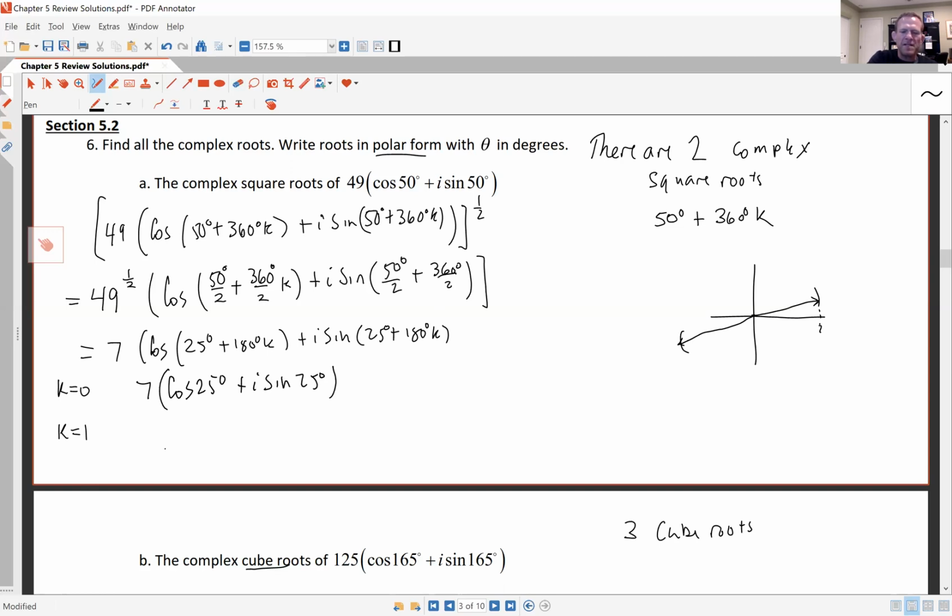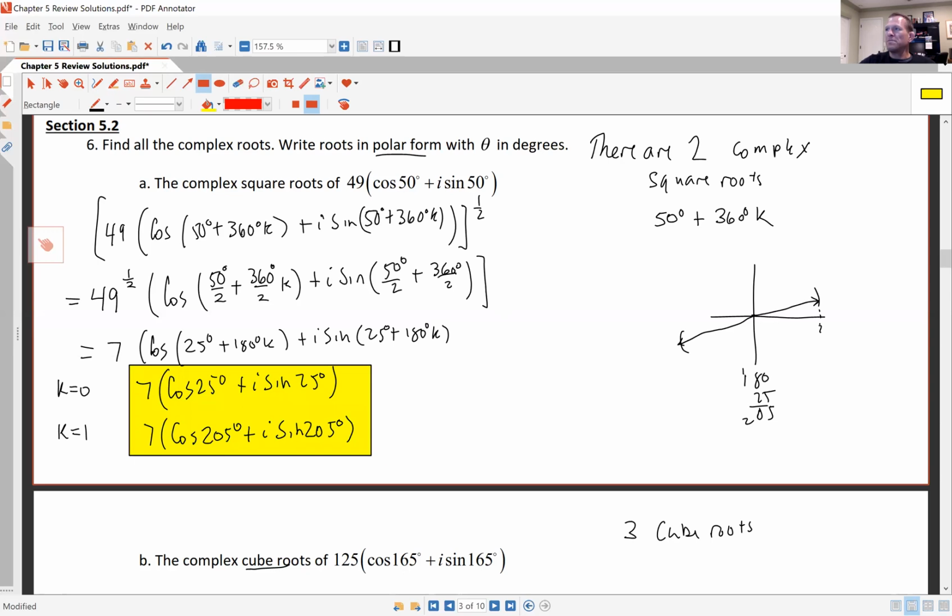And the next one's going to be 180 past that. 180 plus 25 is 205. So with this technique here, we can find any root. We can find all complex roots of any complex number.